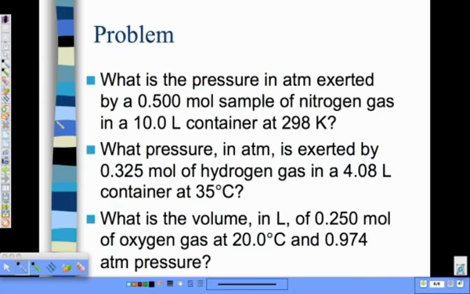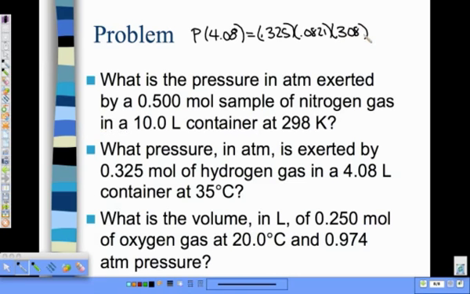Next problem. What pressure in atm is exerted by 0.325 moles of hydrogen gas in a 4.08 liter container at 35 degrees Celsius? Very similar to the other one. The only thing that's a little different is they don't give our temperature in Kelvin, so we have to do that ourselves. 0.0821 is R, and 35 degrees Celsius is equal to 308 Kelvin.